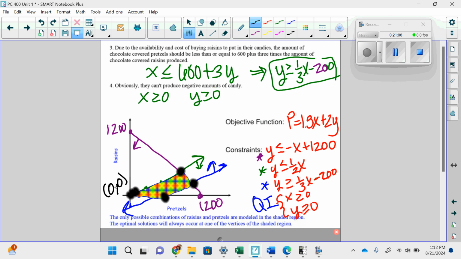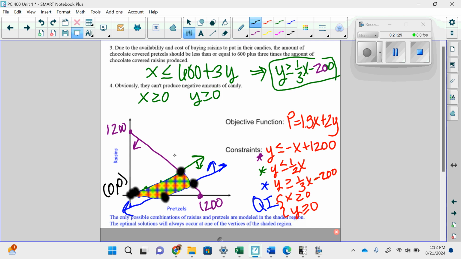So to find the other ones, you can do it algebraically. You can do it on your graphing calculator. It's kind of up to you, whatever's easier. So for example, like this x-intercept here, I'm going to find that algebraically. That's the x-intercept of y is greater than or equal to 1/3 x minus 200.